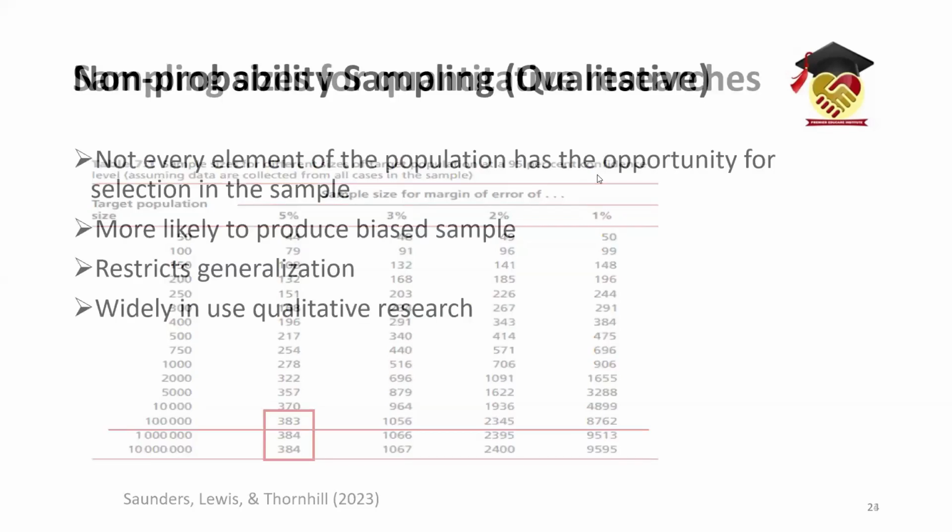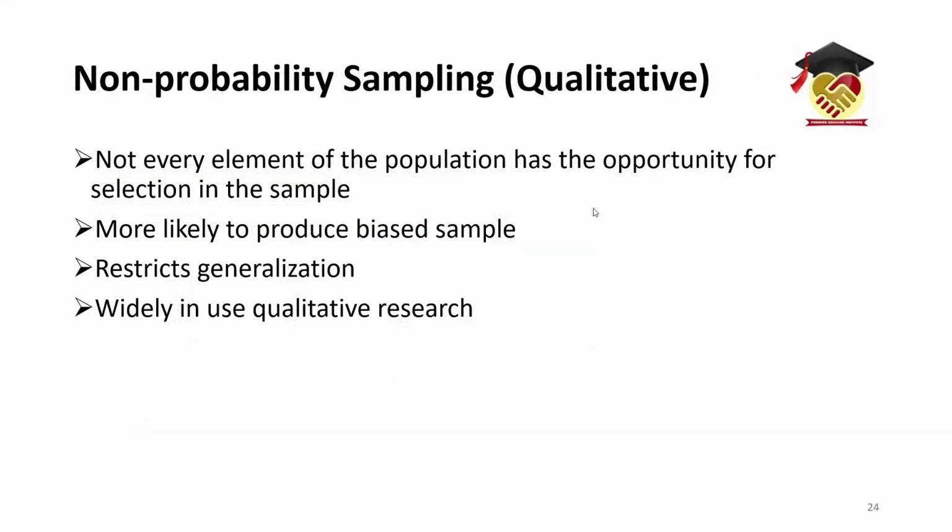Right, now let's go to this one. The non-probability sampling, qualitative, right? Qualitative means, as I told you very clearly, fewer samples. Why? Your target is not to go wider and wider, but to investigate in depth. So you need small samples. And remember, your objective is not to generalize, but to investigate. Professor Nandasena Ratnapala wanted to investigate the begging community. He didn't want to generalize about other beggars anywhere in Sri Lanka.